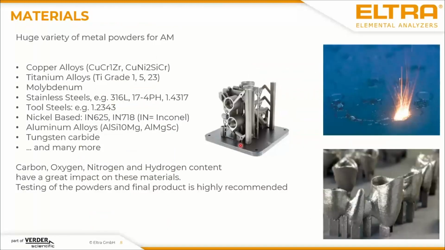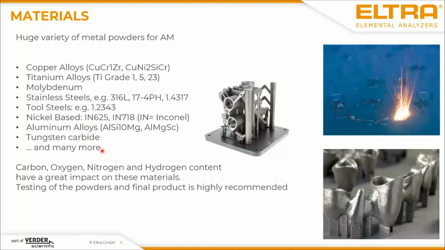The materials which are used in the 3D printing, and the powders that are also used for the quality testing with elemental analyzers, are huge. There are many of them. Copper alloys, titanium alloys, molybdenum, stainless steels, tool steels, nickel-based materials like Inconel, aluminum alloys, tungsten carbide, and many more which are not listed here.